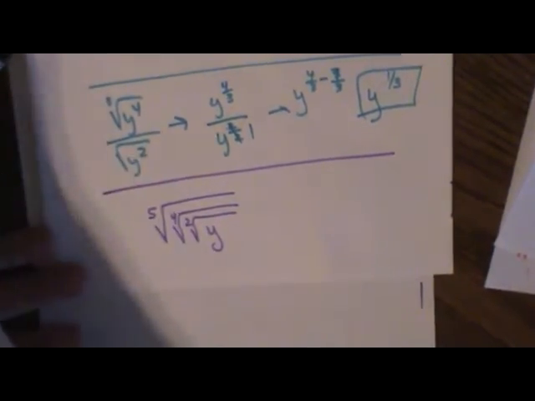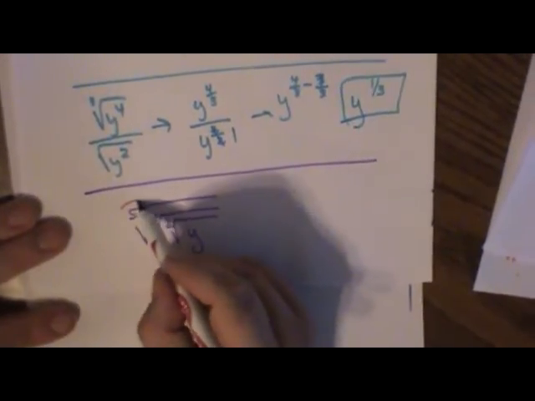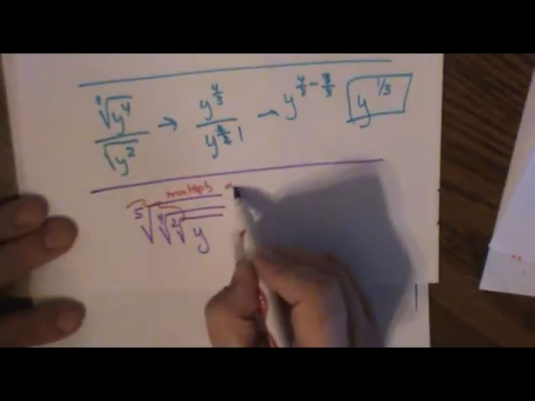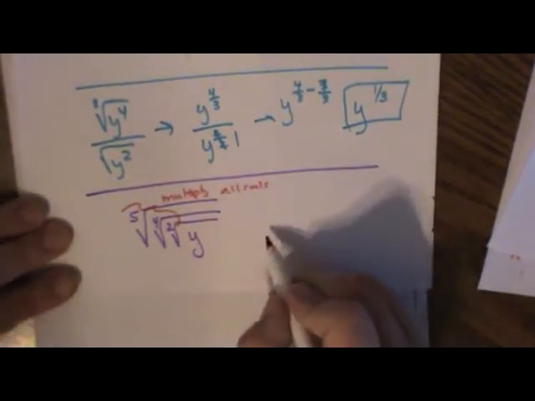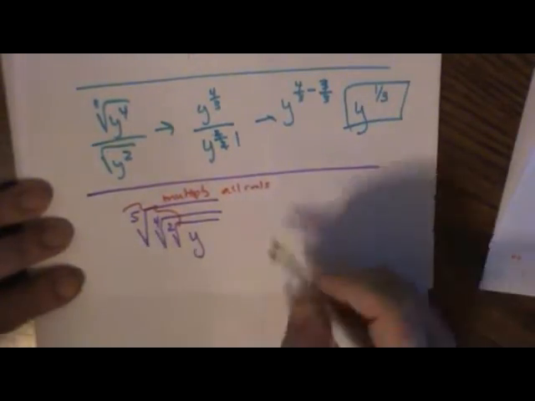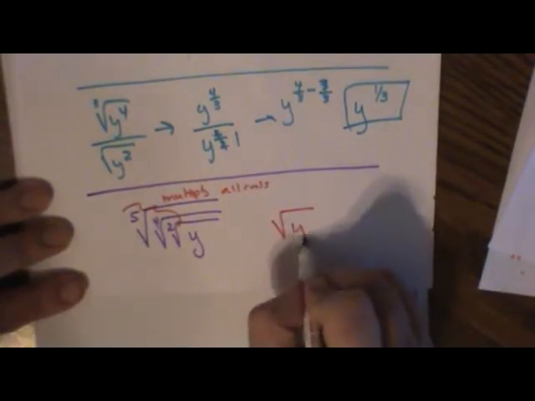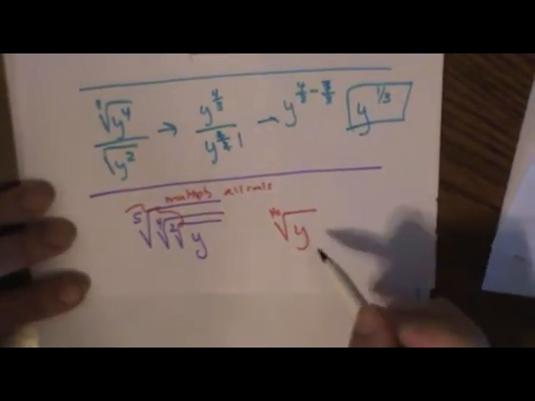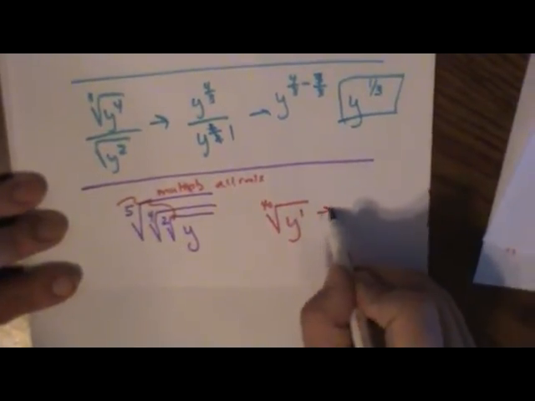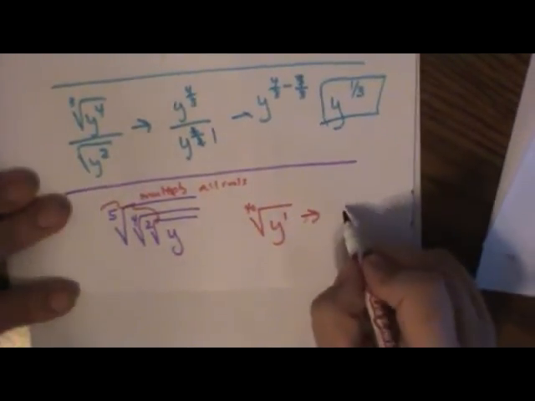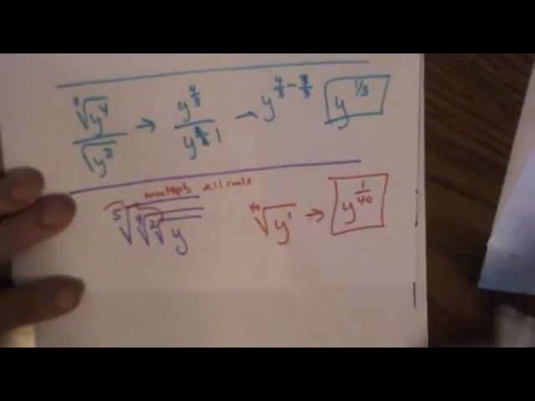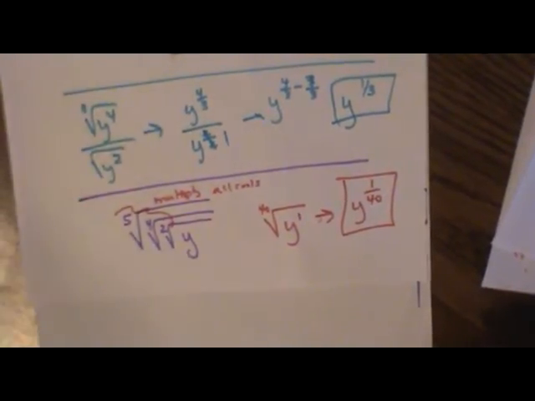All you have to do is remember that you can multiply all your roots, which is 5 times 4 is 20, and 20 times 2 is 40. So our answer is y to the 40th root. And the exponent on this is 1, which you can write as a rational expression by putting y to the 1 over 40. There you go.